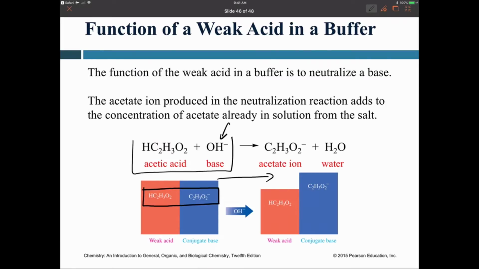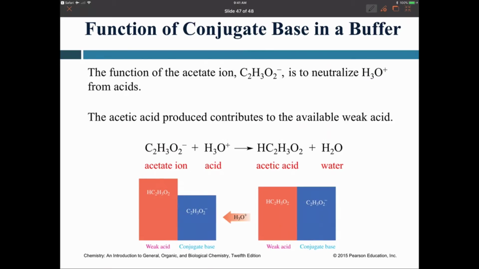So if we add base to this, we know that this concentration is going to go down. And in fact, it did. But what also happens is the concentration of conjugate base goes up. Okay? So the acid concentration goes down, the base concentration goes up.